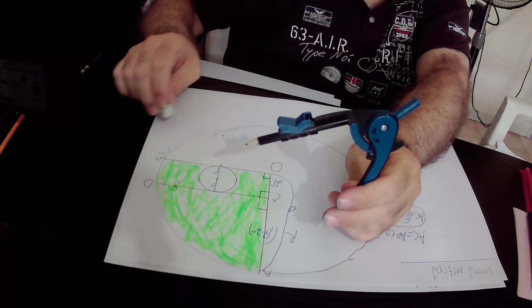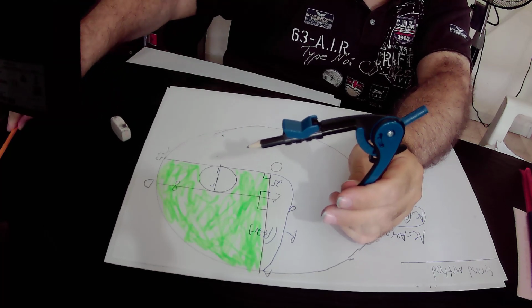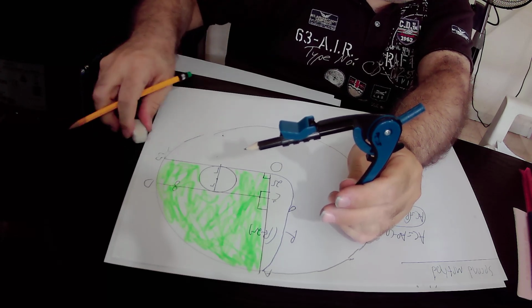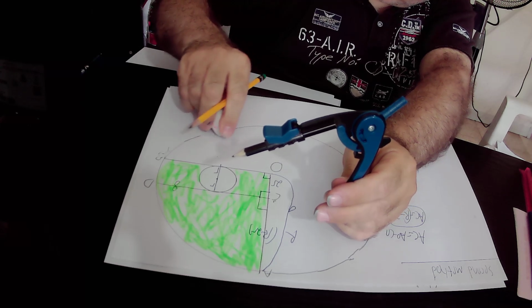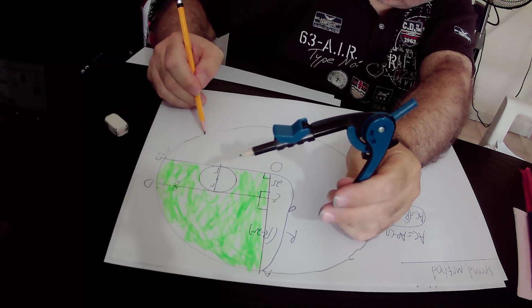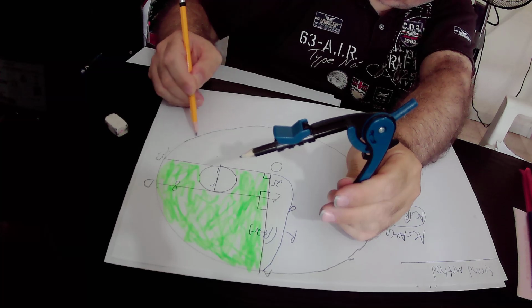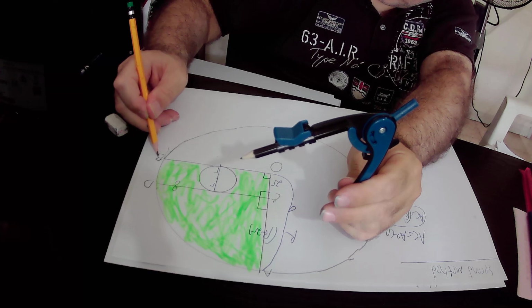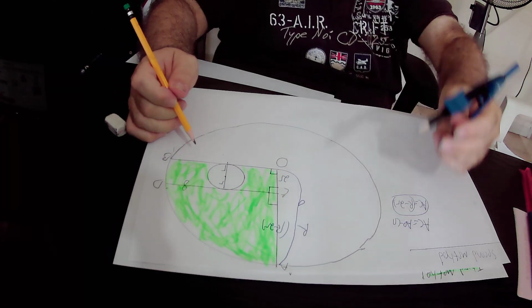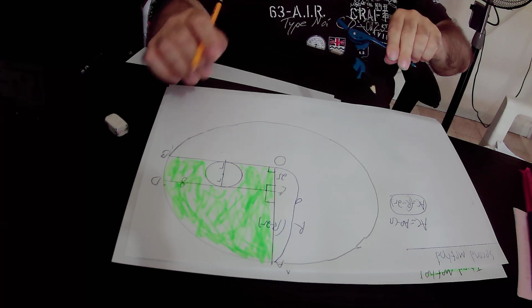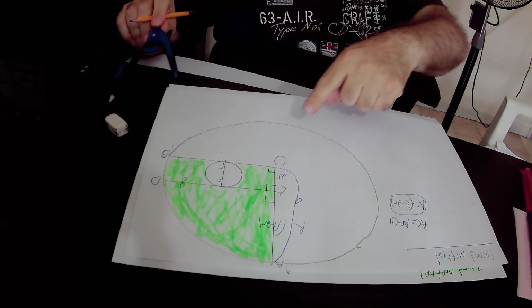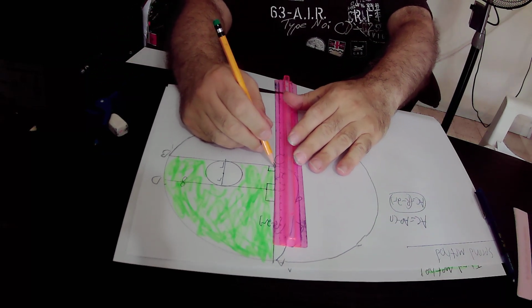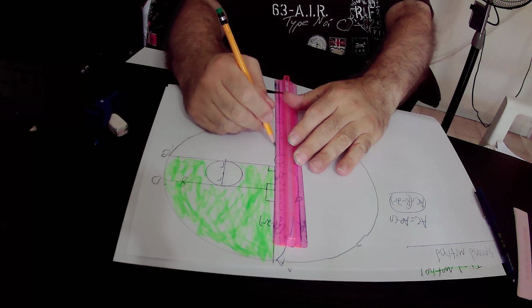So we completed the quarter circle to a circle. We'll extend the radius AO by a straight line until it intersects with the circle.